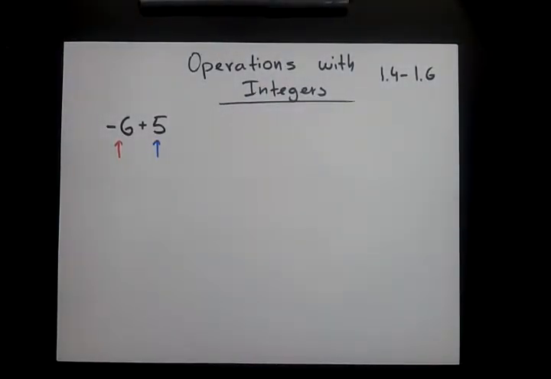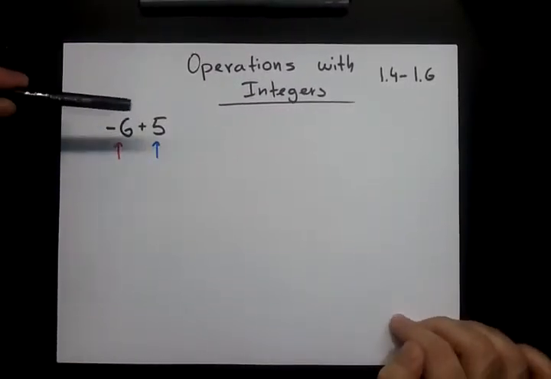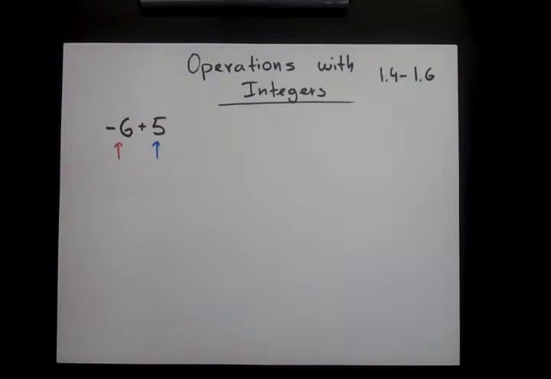And there are a few rules that address the addition of integers with different signs. Here's the rule. You first figure out which of the integers is larger, simply numerically. In this case, the 6 is numerically larger than the 5.